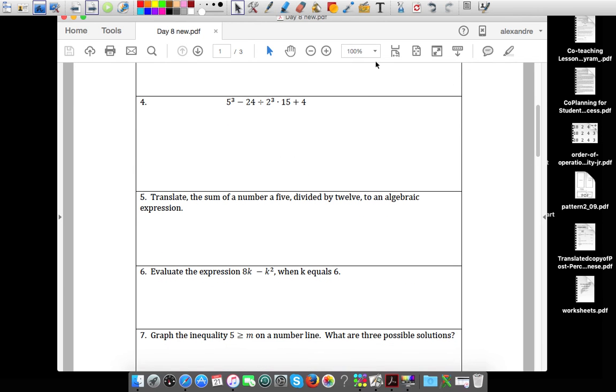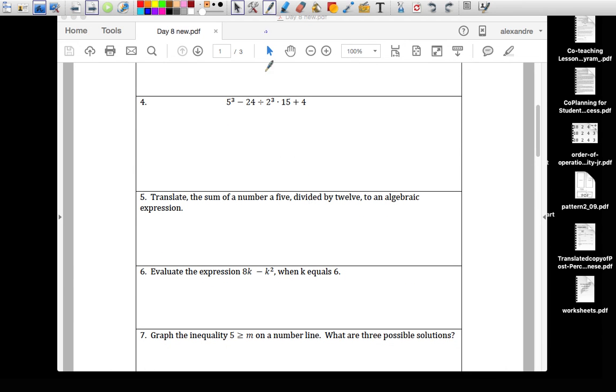Number 4, order of operations. So let's take care of this. Order of operations tells me I have to do the exponents first. There are no parentheses, so I'll take care of the exponents first: 125, I'll leave the 24 alone, divided by 2 to the third is 8, times 15, plus 4.